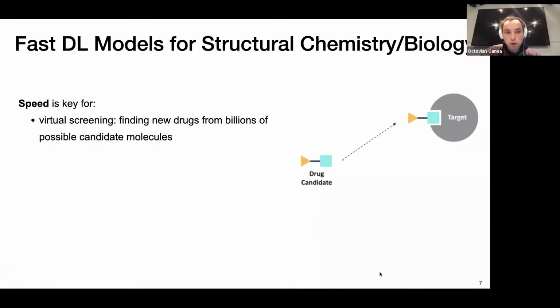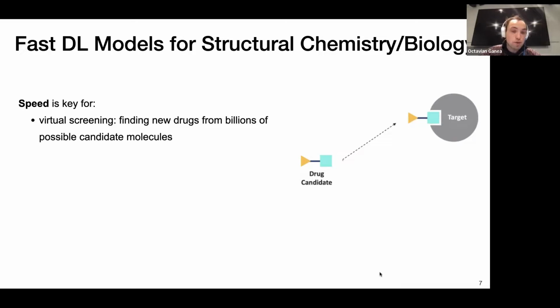You might ask, why do we need speed? Speed is key for various aspects of the drug discovery pipeline. One is virtual screening. Let's say we have a target, which is a protein, maybe a cancer protein, and we want to find the best set of drug candidates that are going to attach to the specific target and maybe inhibit its activity.